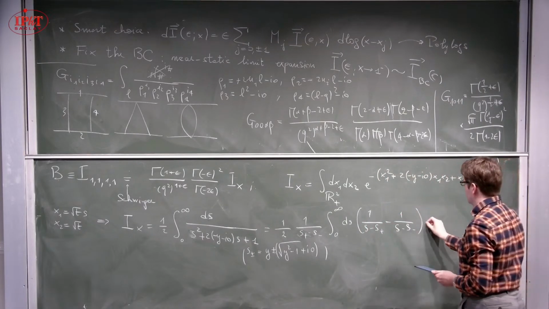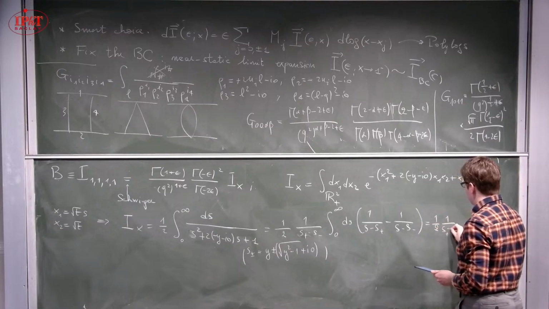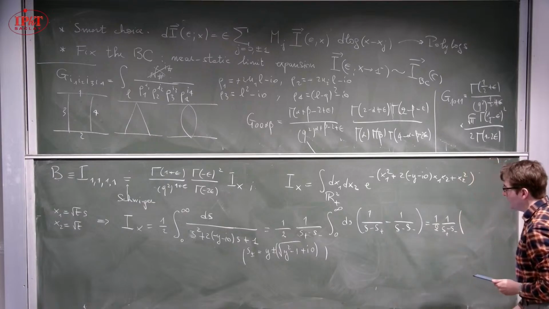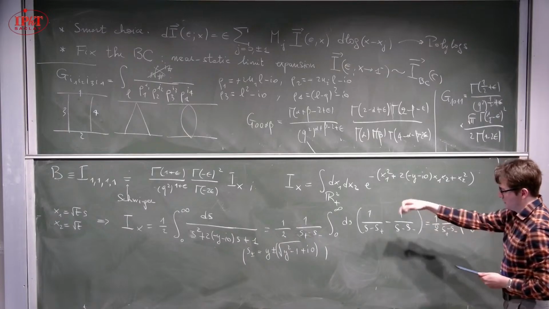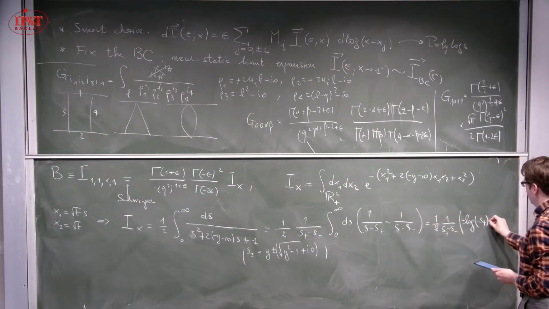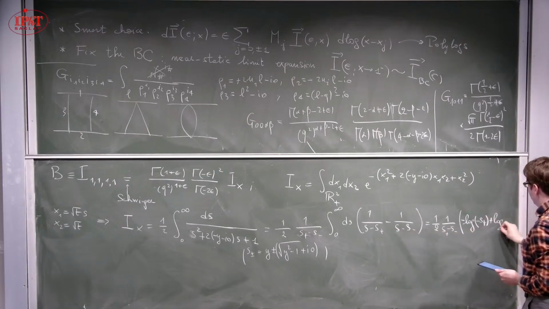These are logarithms, so you get 1/2 1 over s plus minus s minus, and then you have the log of minus s plus evaluated at 0, so with a minus because it is the lower limit, and this with a plus log of minus s minus.